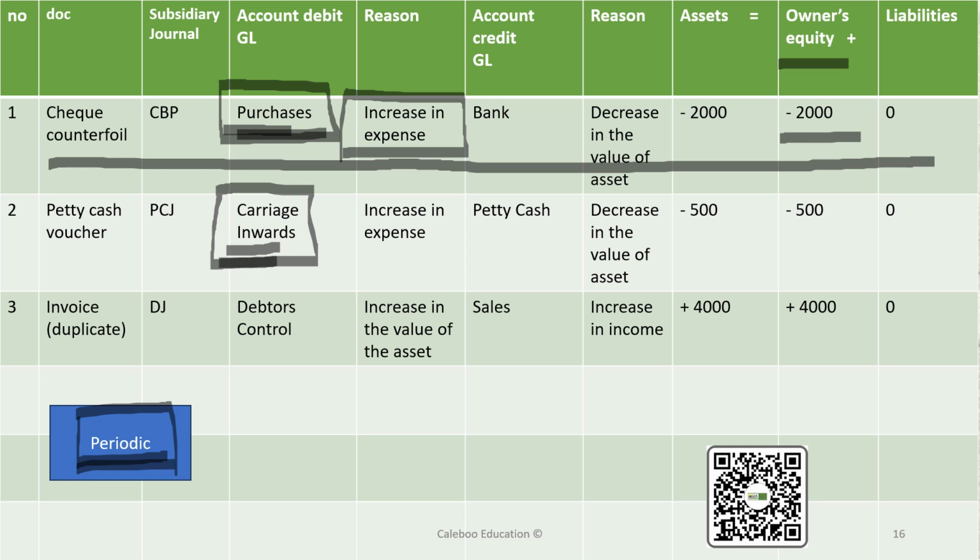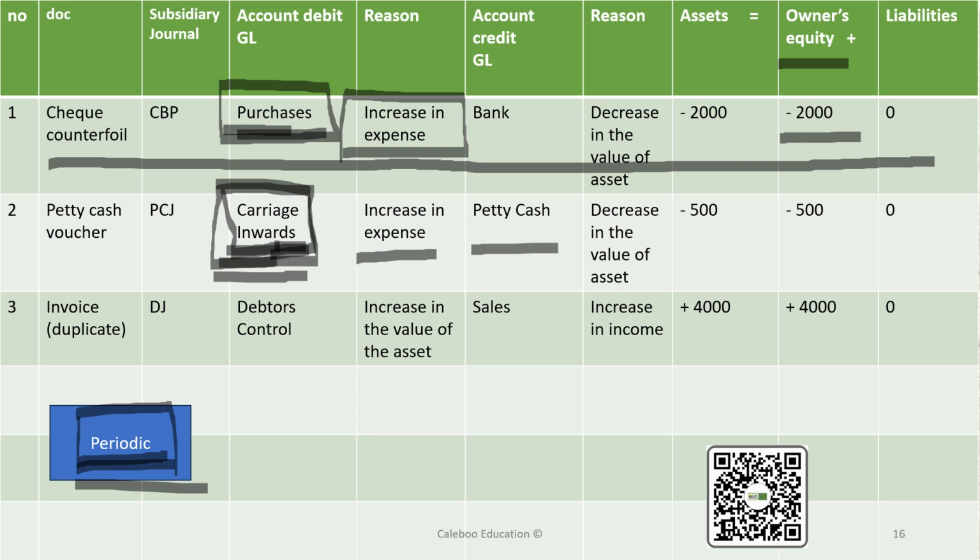In the perpetual, all those little extra costs are added to the cost price of trading inventory. It is recorded, all those little extra costs, in the periodic inventory system separately. So we open up here, in this case, an account for carriage inwards. It was debited. Why? Carriage inwards is an expense, increase in expense, debit.